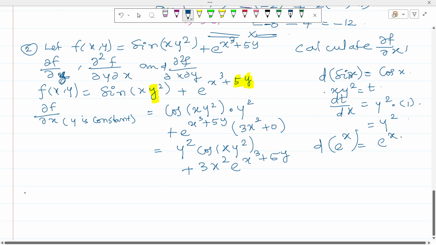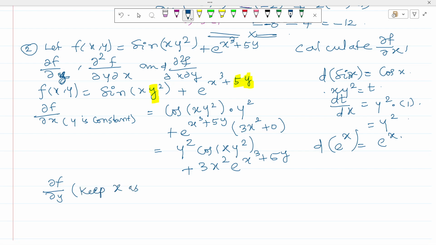Next we have to find dou f by dou y. Dou f by dou y means keep x as constant. So in case you are keeping x as constant, what happens?